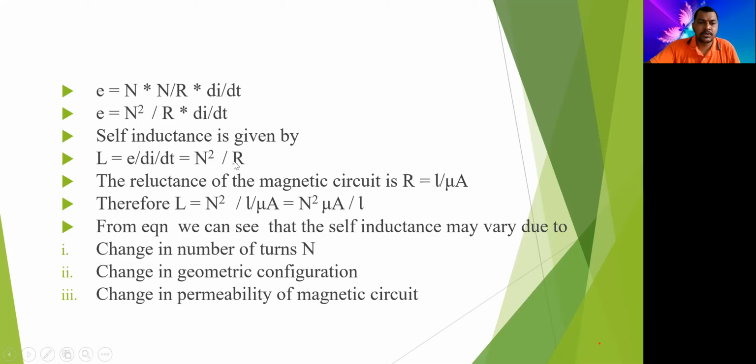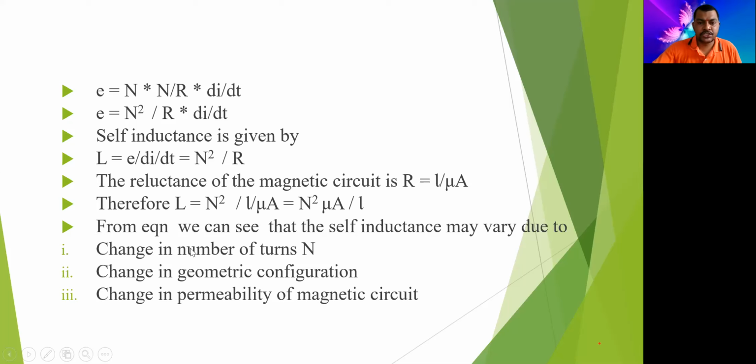Where N is the number of turns and R is the reluctance. Now the reluctance of a magnetic circuit is given by R equal to l by mu A. Therefore, L is equal to N square mu A by l.